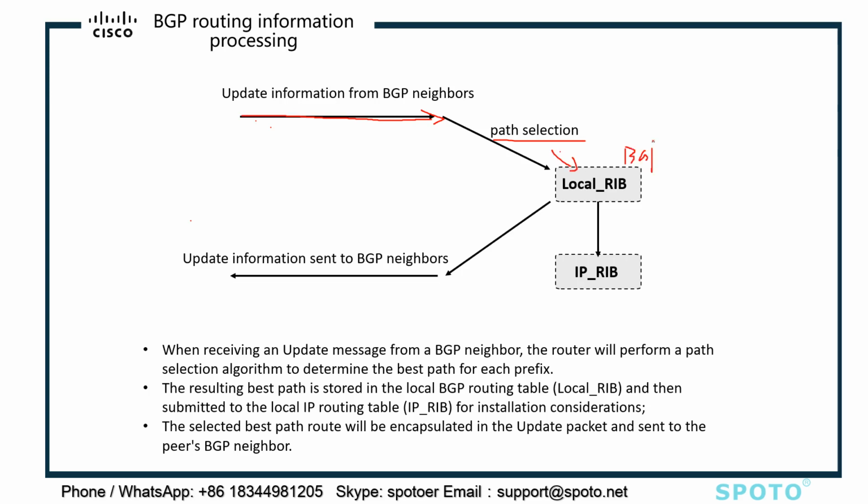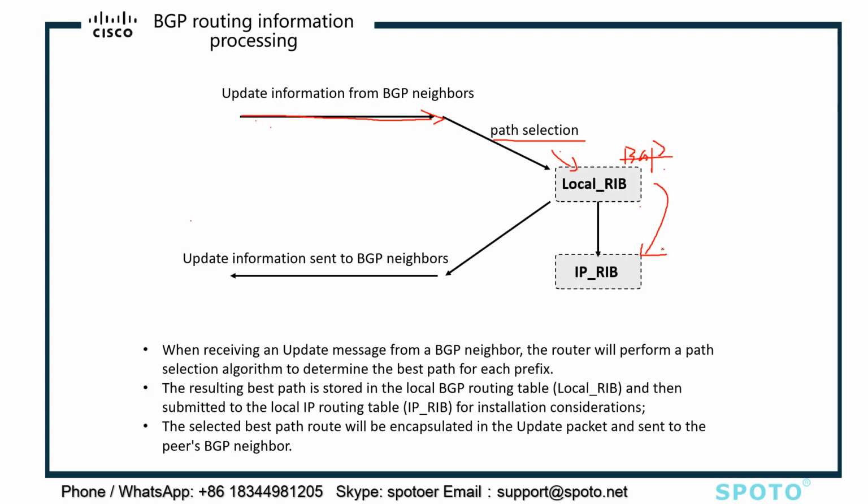In the BGP routing table, we may have multiple advertised routes. If a route is valid and the best, the router will save it to the IP routing table. If the route is not valid, it will not save it to the IP routing table, and it will also not advertise it to its peers.